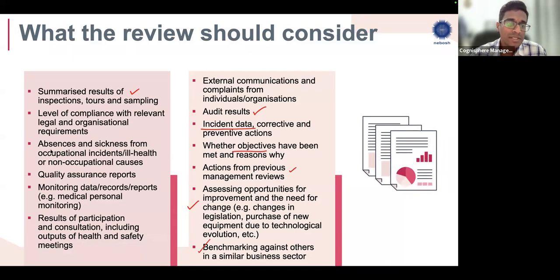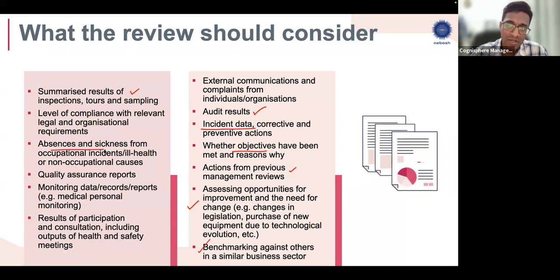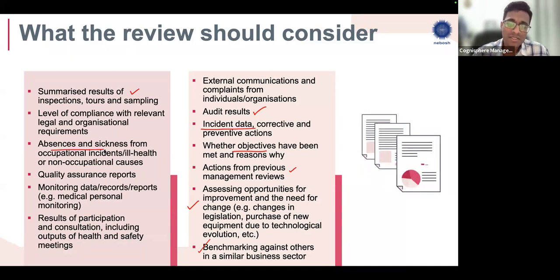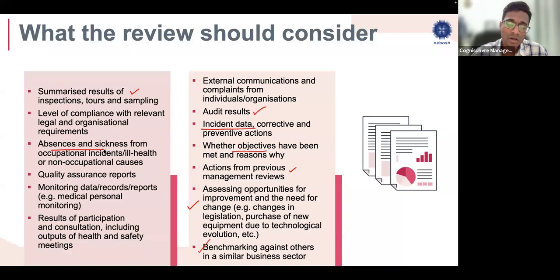And then absence and sickness from incidents and ill health. Your absenteeism record and your sickness record may tell what are the reasons for the highest number of absenteeism reported.